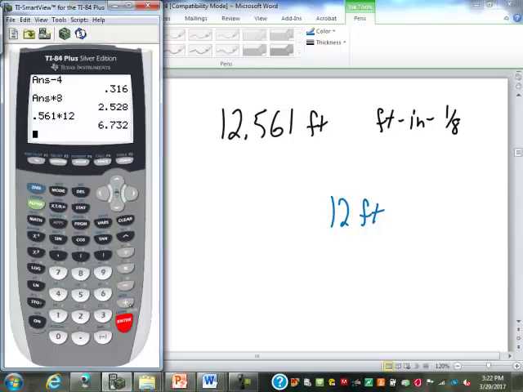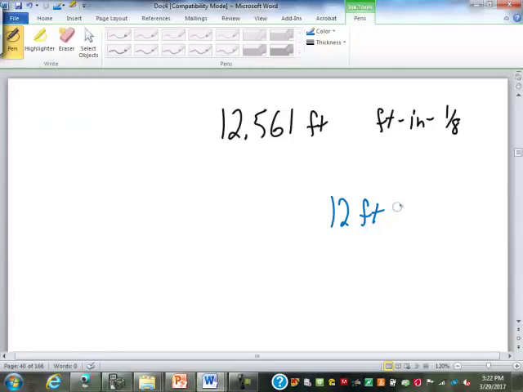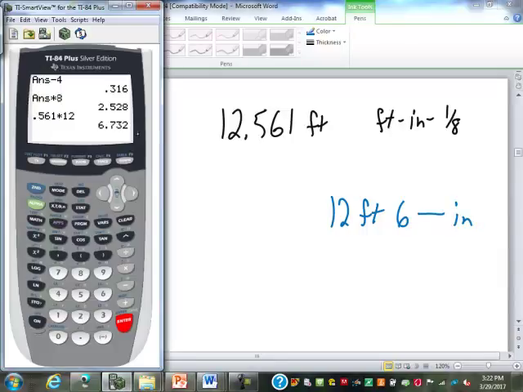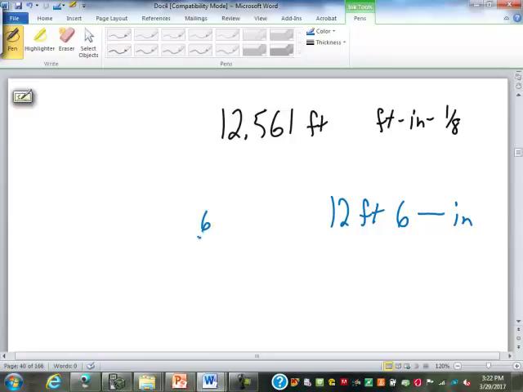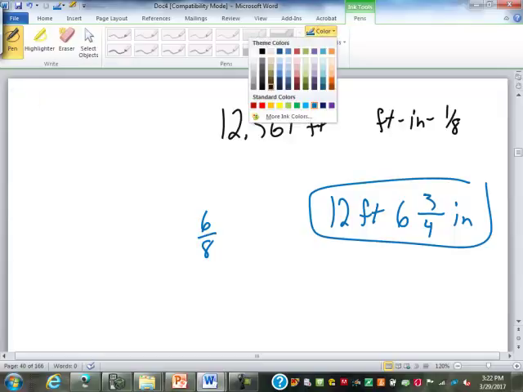Times 12. So 6.7, so that's 6 whole inches. I've got to figure out what my fraction is. So now what am I going to do here? Subtract the 6, and then what? Turn it into eighths, multiply by 8. So 5.8, which is going to round to 6/8, which reduces to 3/4. So that's 12 foot 6 3/4 of an inch.